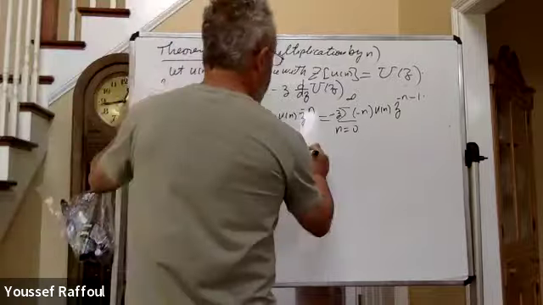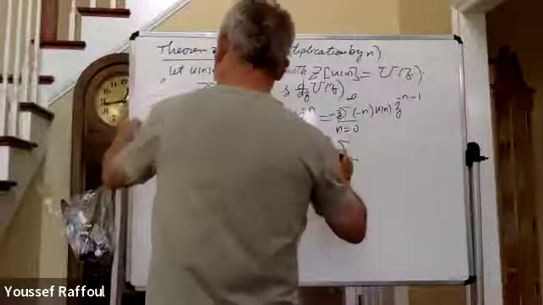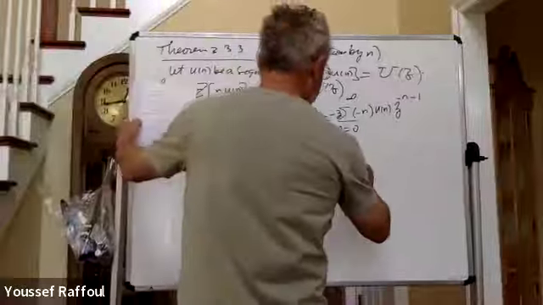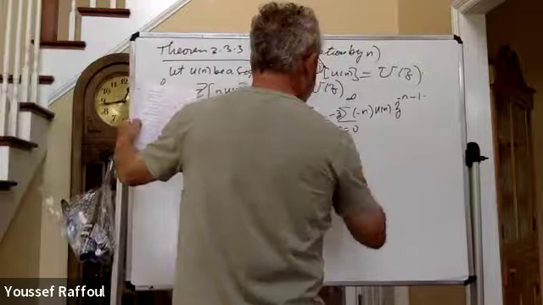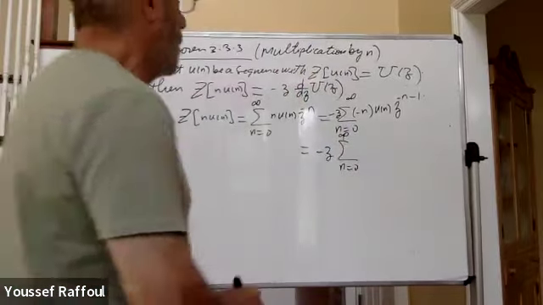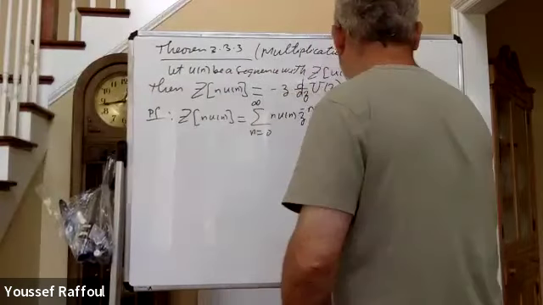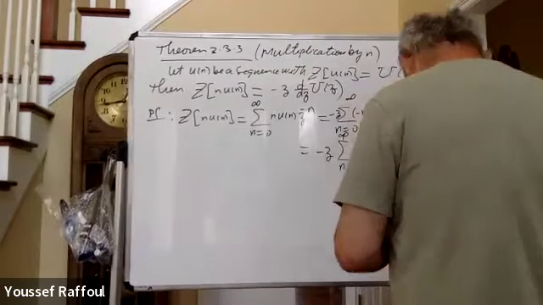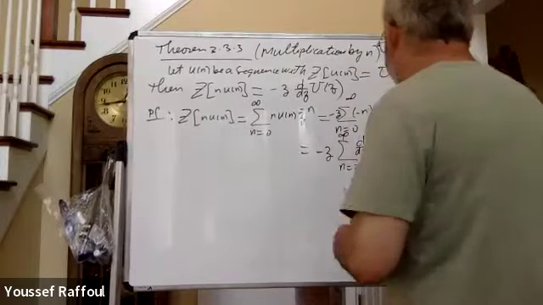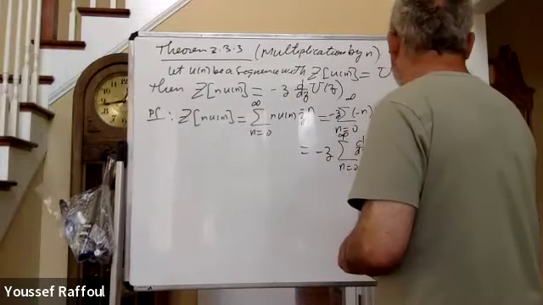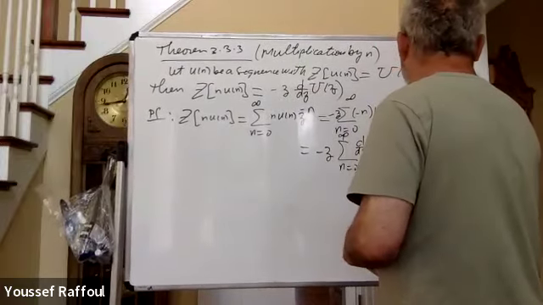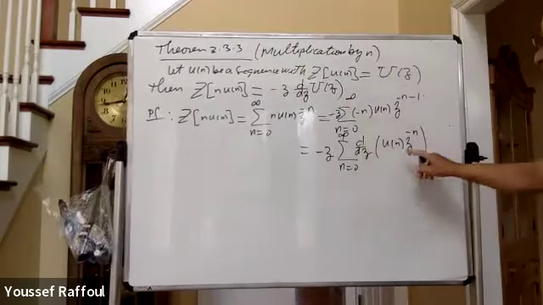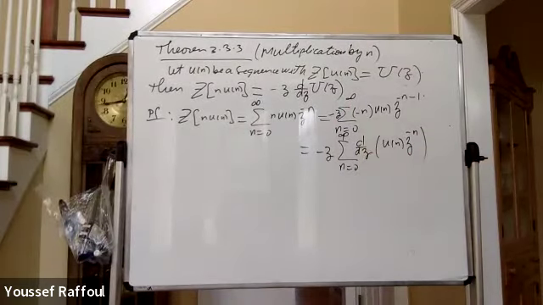And that is minus z sum n equals 0 to infinity of d/dz of u_n z^(-n). Remember, the derivative is with respect to z.